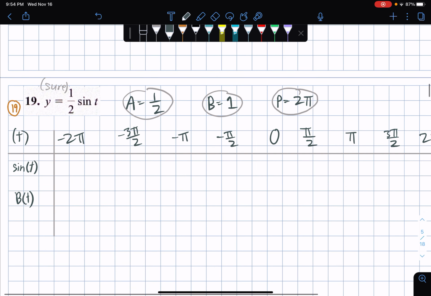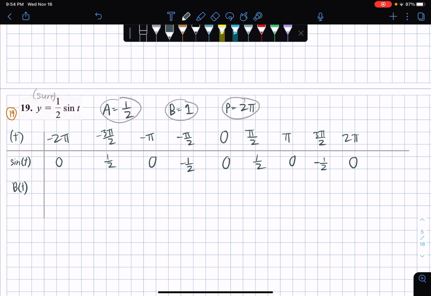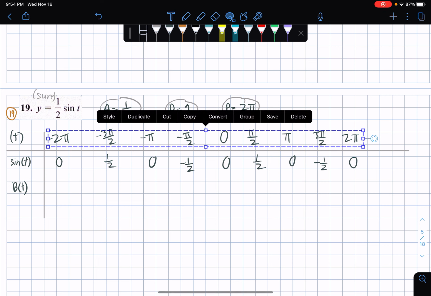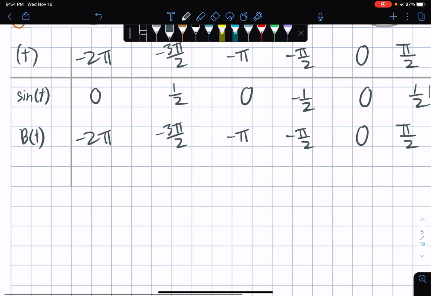Alright, so sine t goes something like this: 0, 1/2, 0, negative 1/2, 0, 1/2, 0, negative 1/2, and another 0. bt is just the same as the values in t, because b is equal to 1 again. Maybe by now you can get used to what I'm saying.